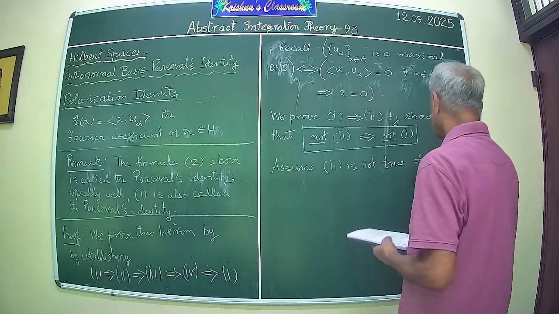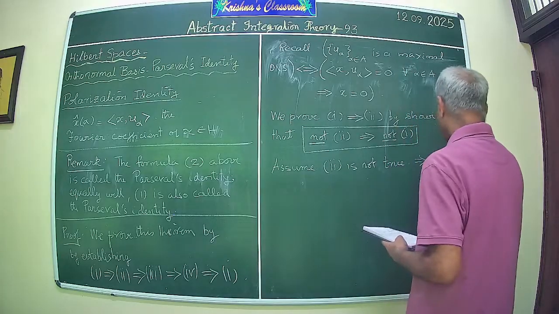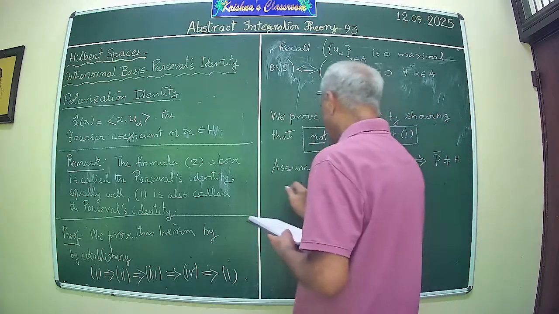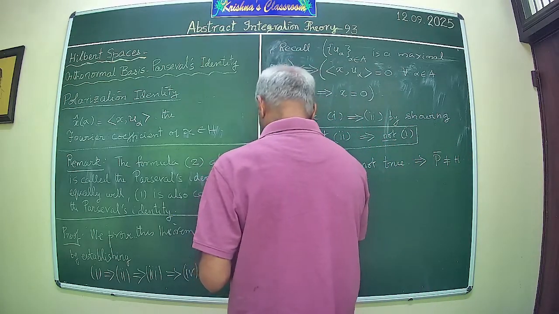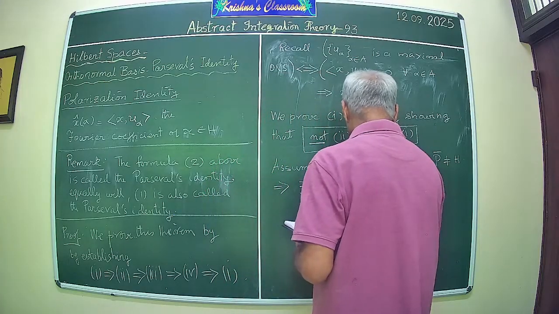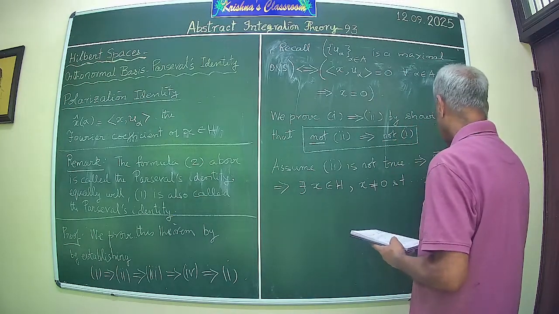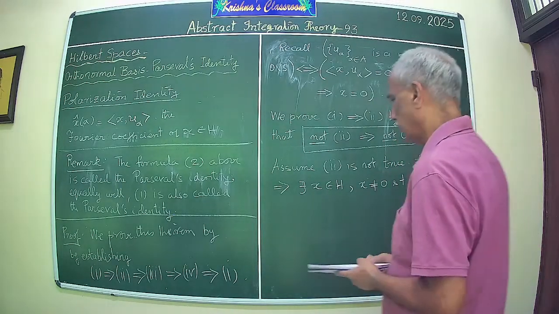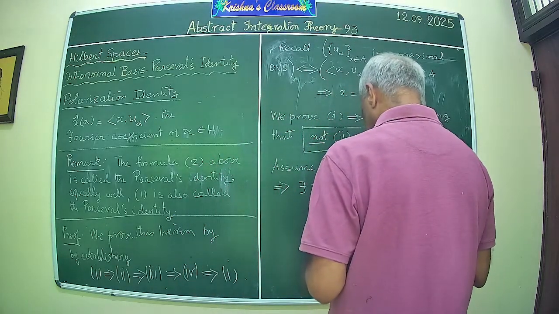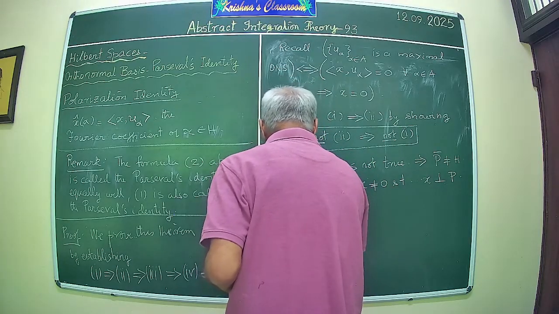This implies P closure is not equal to H, which implies there exists x belonging to H, x not equal to 0, such that x is orthogonal to P. Okay. What does this mean? That is, this is also stated by saying that x belongs to P perp.